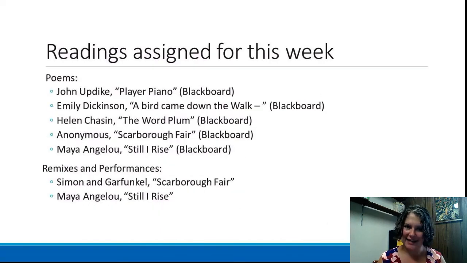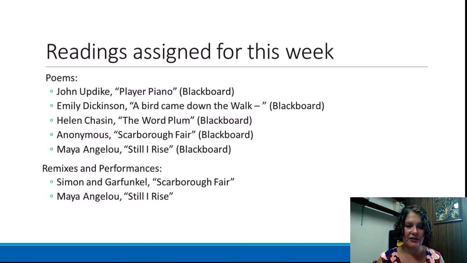And just to give you a heads up, the specific poems that you'll be reading for this week are John Updike's poem, Play Your Piano, Emily Dickinson's poem, A Bird Came Down the Walk, Helen Chasin's poem, The Word Plum, a version of Scarborough Fair, which is a very old English ballad, and then Maya Angelou's poem, Still I Rise. In addition to those, I'll also be asking you to listen to a couple performances.